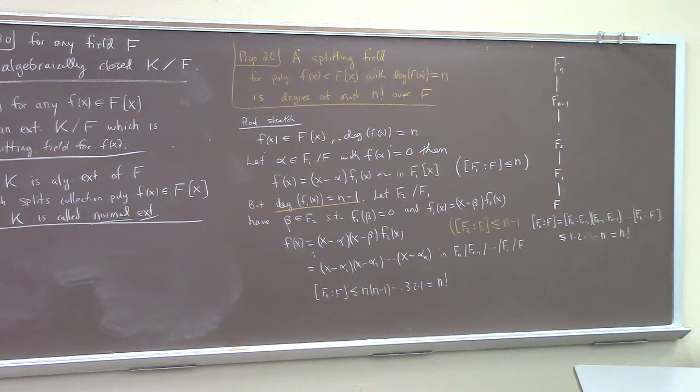I think it means for each alpha in F bar, there exists... that's not right. Oh, curses. What was our definition of algebraic over F?